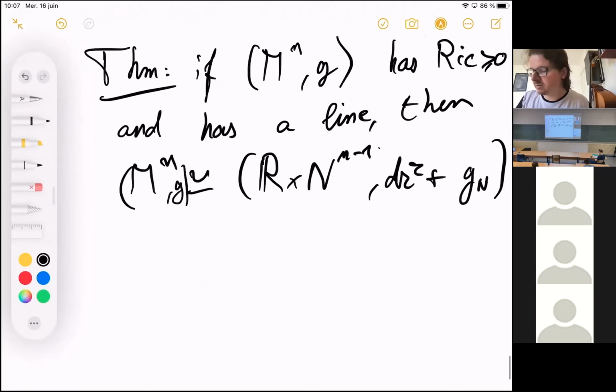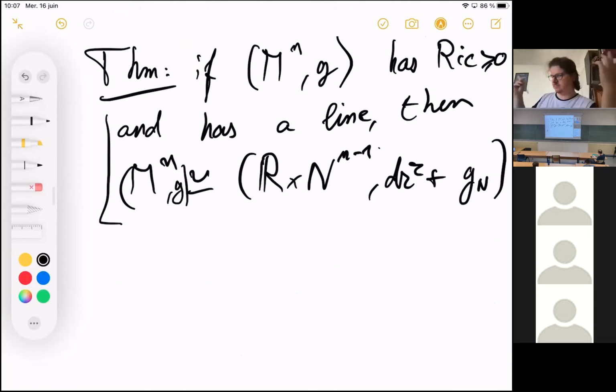And you can actually play, like if you have several lines independent in some sense, then you can split extra R factors. And this is a very useful tool in the analysis of non-negative Ricci curvature.